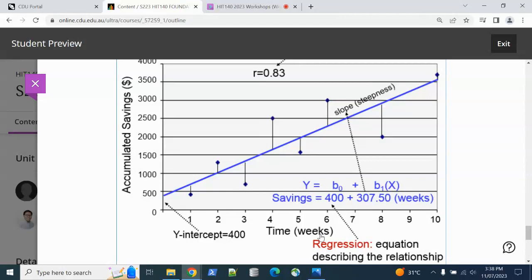Time in weeks is the independent variable. Which one is the response variable? Response variable is the same as dependent. So in this case, accumulated savings, basically the variable that we want to predict. So here we probably want to know, as we save for how many weeks, then what is our total accumulated savings? That's captured by this straight line.